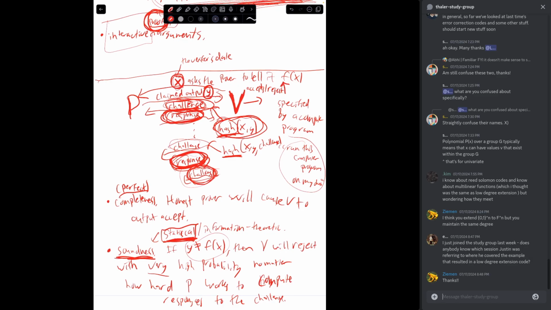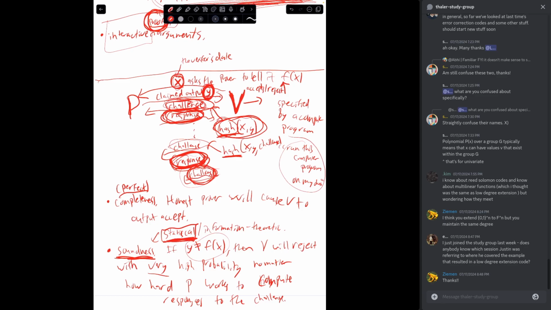And actually, there are some settings where if the prover somehow knew Y without directly computing Y, it could actually answer all the verifier's challenges faster than any known algorithm to compute Y.